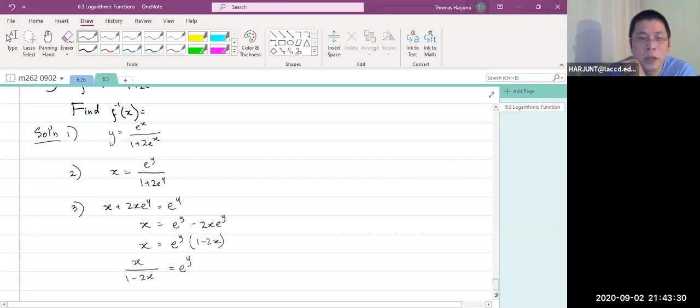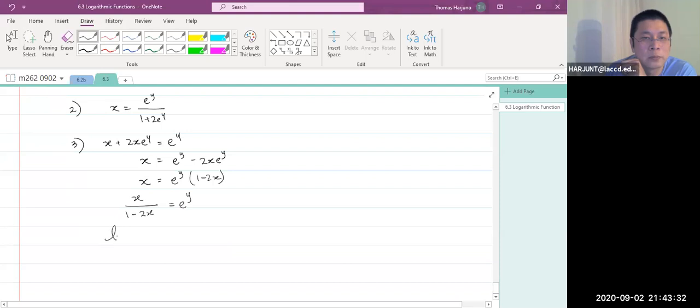And then apply natural log. Basically, I change it into log form. So my step 4, f inverse of x is natural log of x over 1 minus 2x.